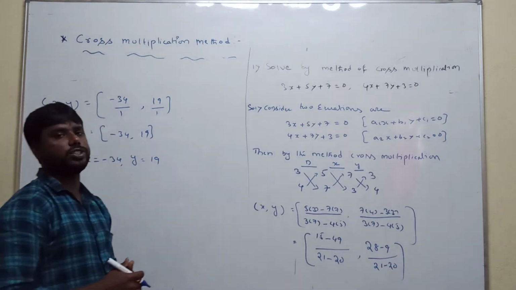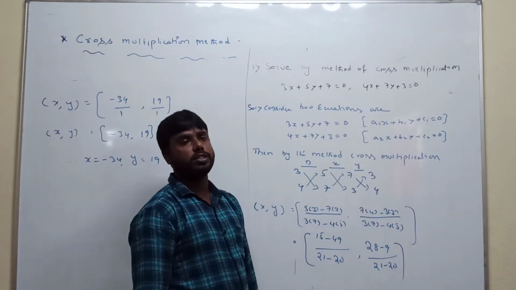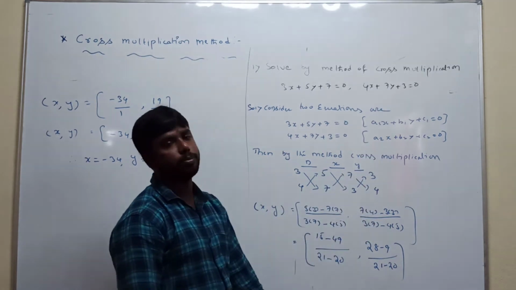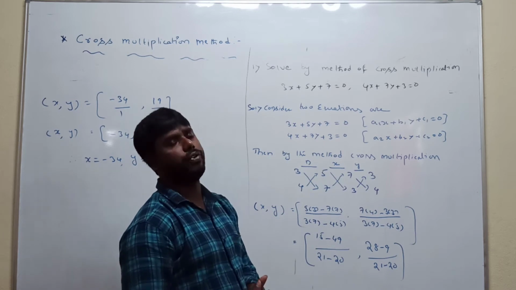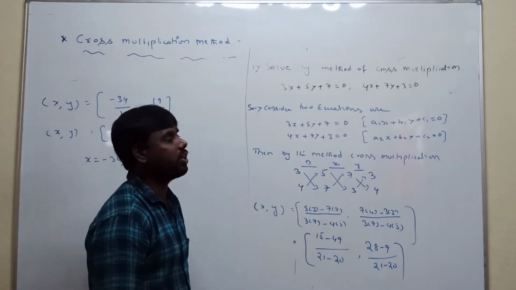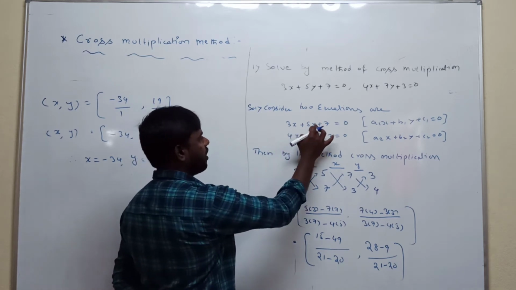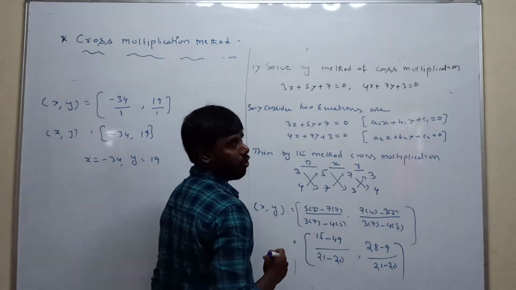What are the given equations? Comparing with a1x plus b1y plus c1 is equal to 0, and the second equation comparing with a2x plus b2y plus c2 is equal to 0. Now applying the method of cross multiplication, in the first equation we take the coefficient values. X coefficient is 3, y coefficient is 5, constant coefficient is 7. Again write the x coefficient, repeat it again.